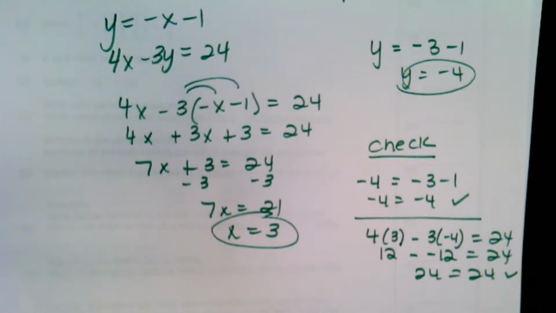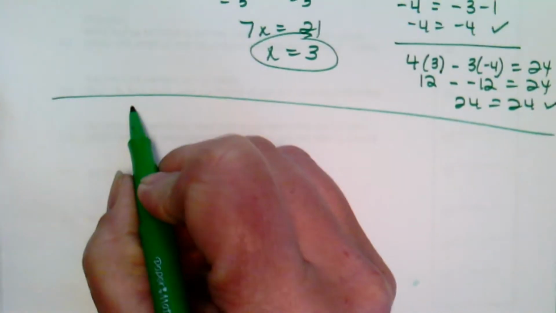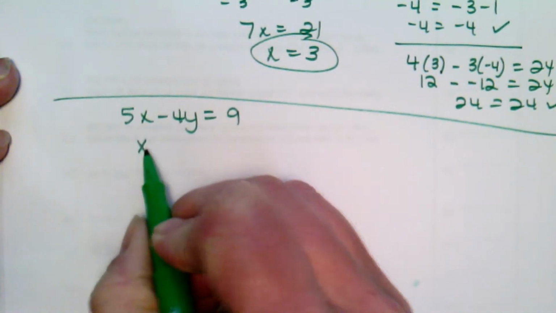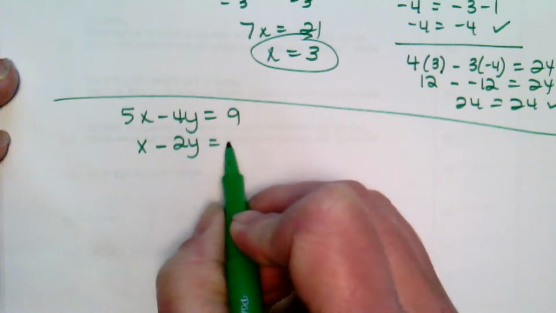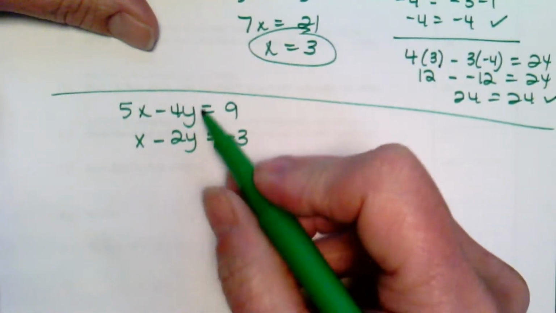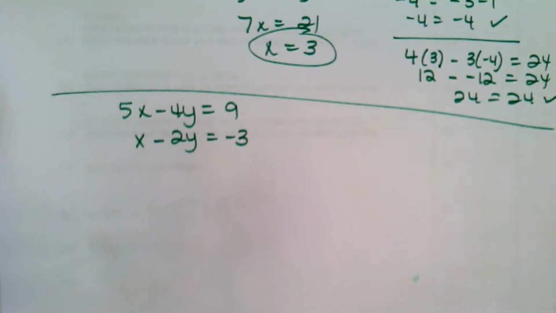Alright, let me do another one. Alright, so I'm using the substitution method still. So that means one of these needs to be either x equals or y equals.